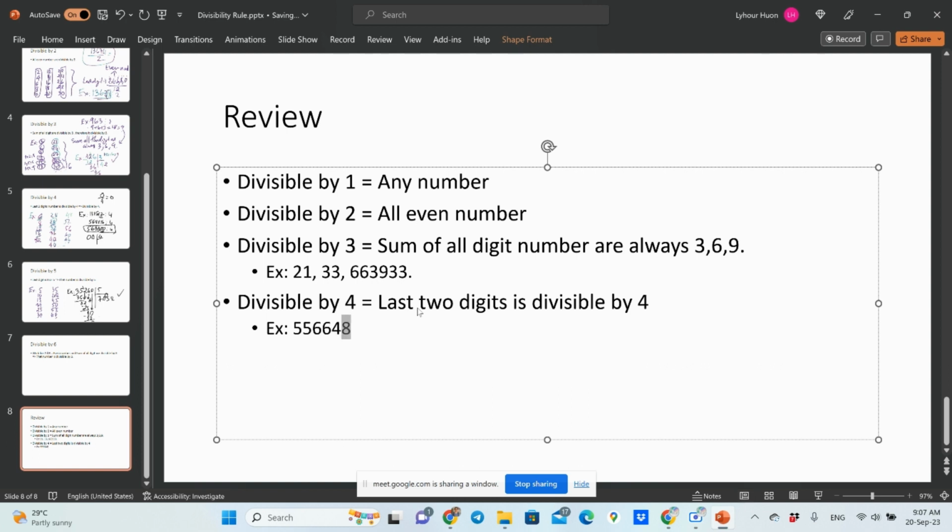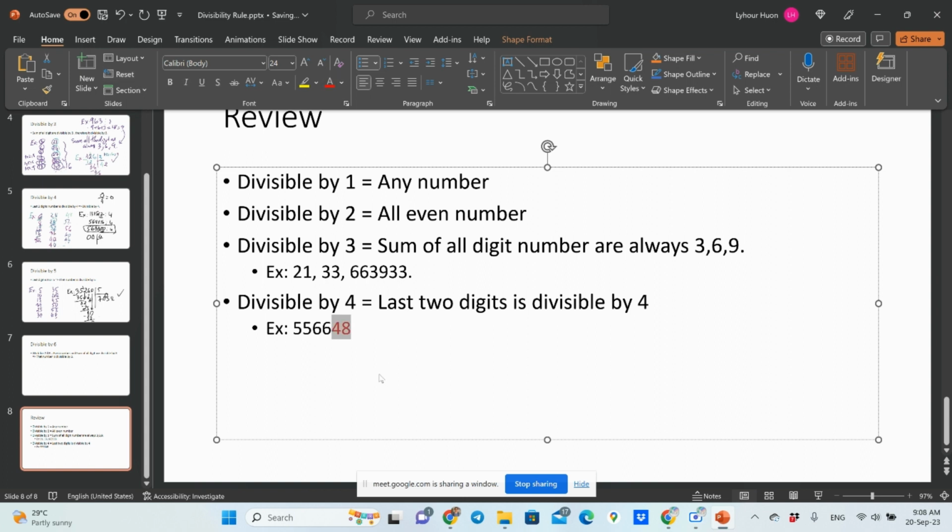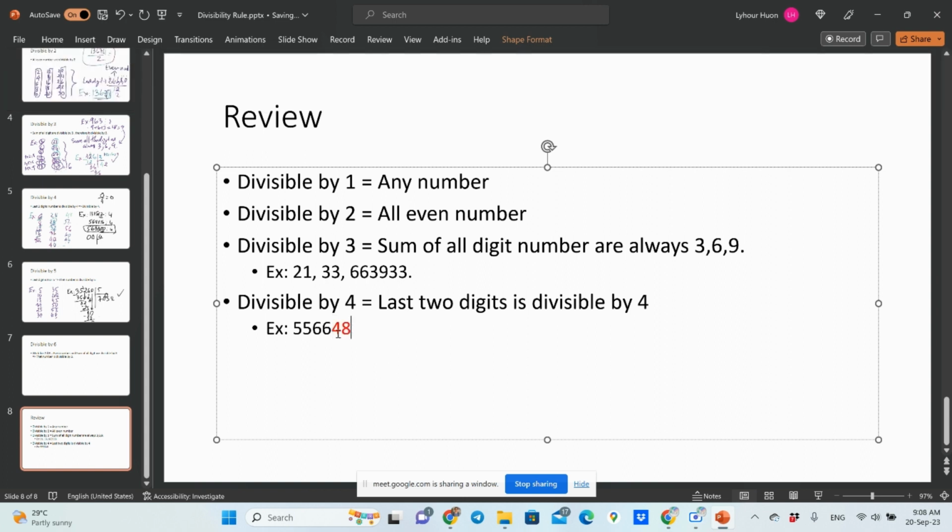If the last two digits are divisible by 4, then the whole number is too. Whatever happens before doesn't matter, but what matters is the last two digits.